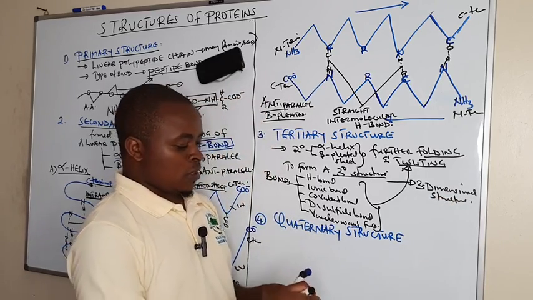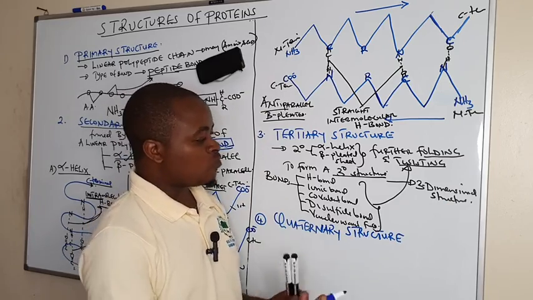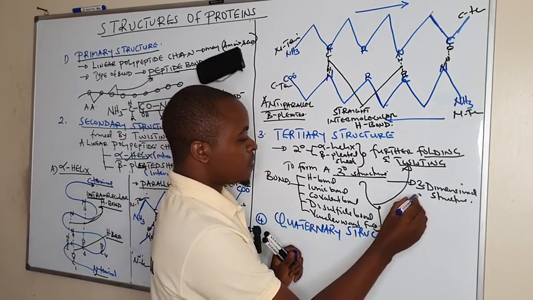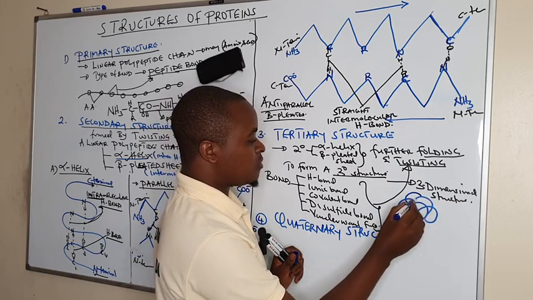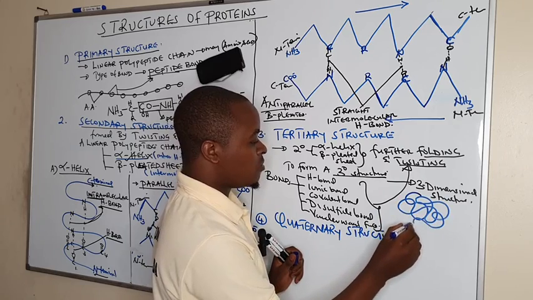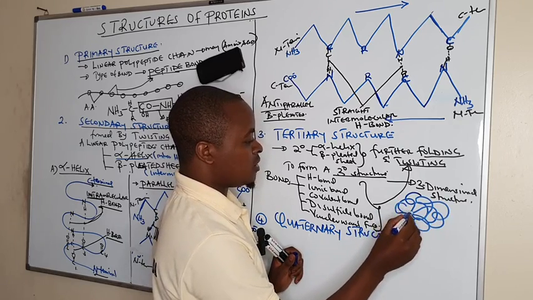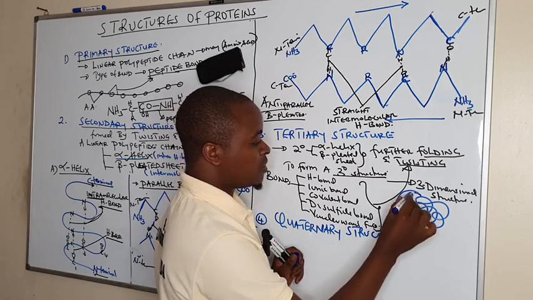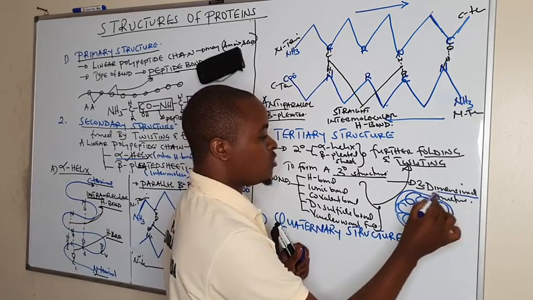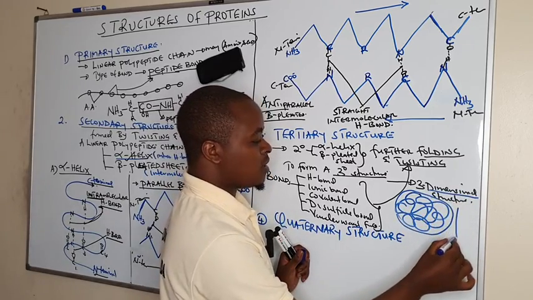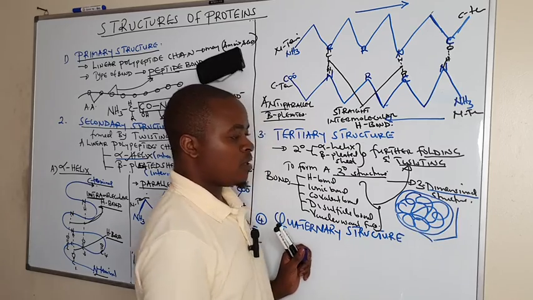So in illustration, we are going to have a secondary polypeptide chain undergoing further folding and twisting to form a tertiary structure. So this one which is formed is known as a tertiary structure with a 3D dimension, meaning it has height, length, and width.